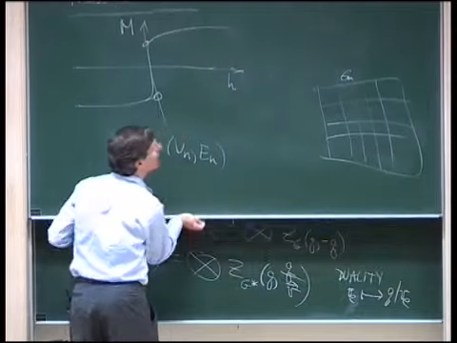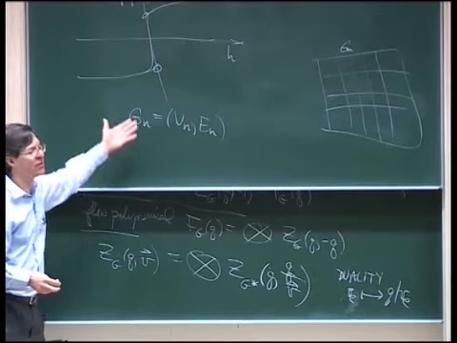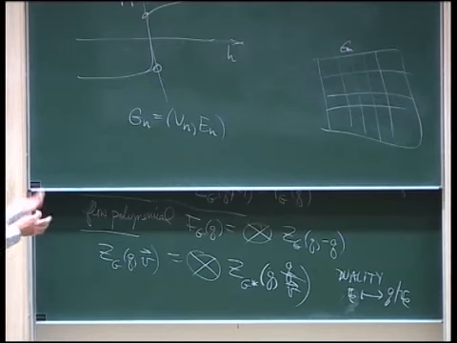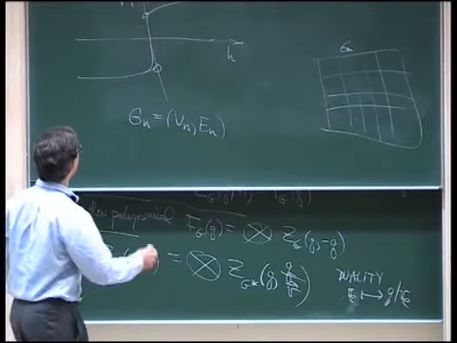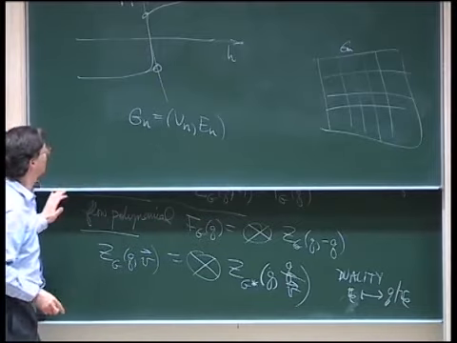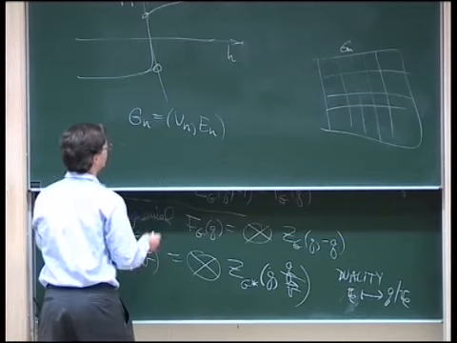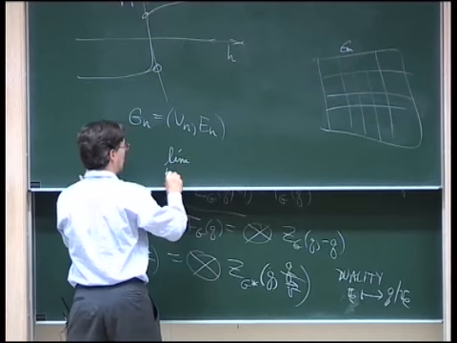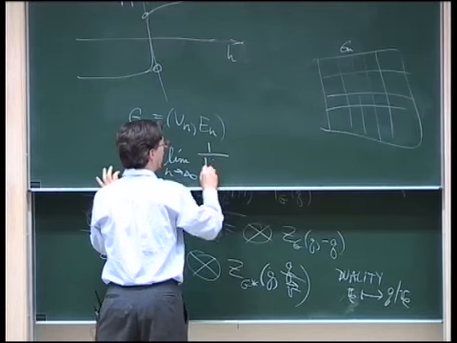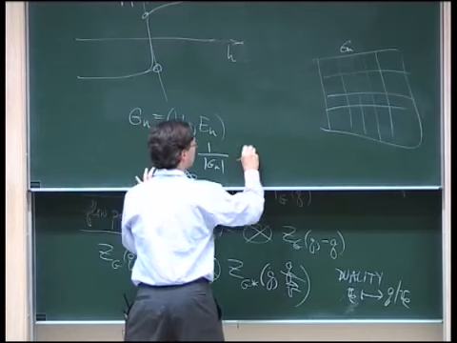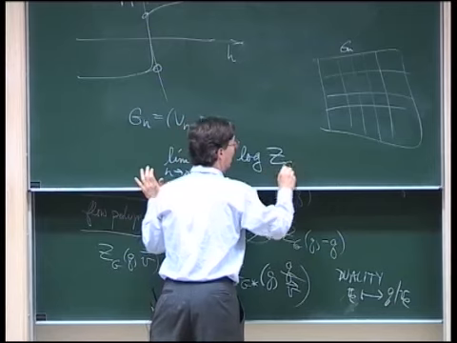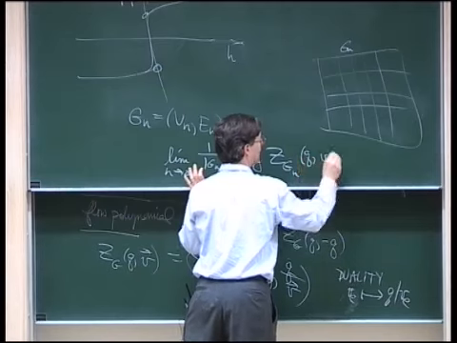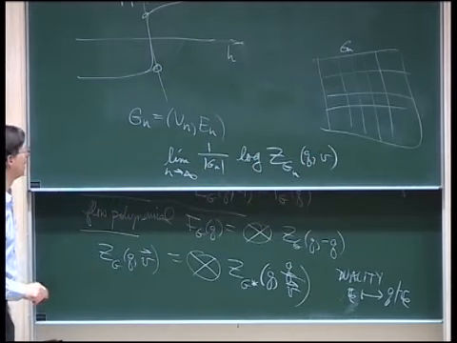But mathematicians might like to consider other sequences of graphs Gn, like the complete graphs, or the complete bipartite graphs, or the cycles, or any reasonable sequence of graphs, and you may be able to prove the existence of a limit like this. Limit n goes to infinity, 1 over the size of the graph, log of this partition function, which for me is the multivariate Tutte polynomial, or maybe the univariate Tutte polynomial.